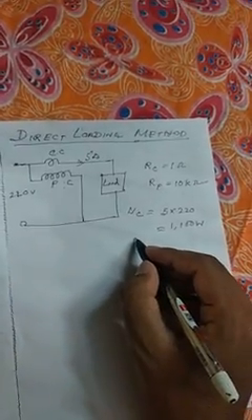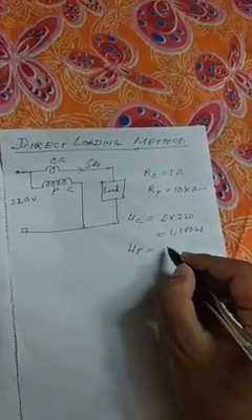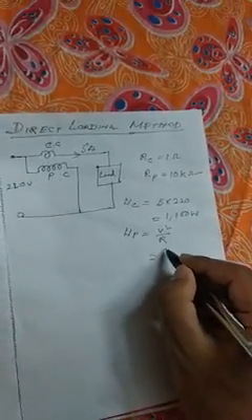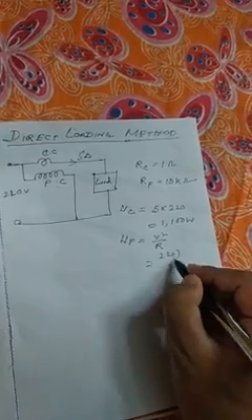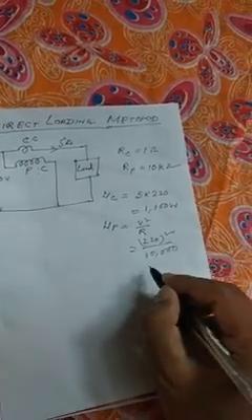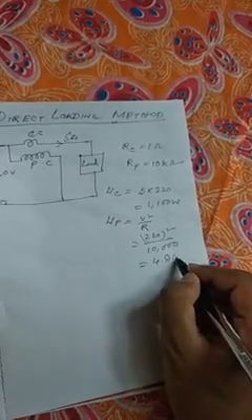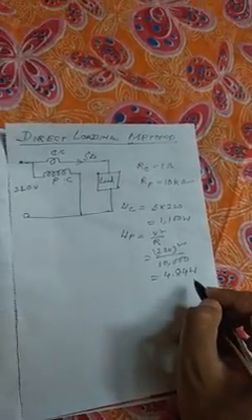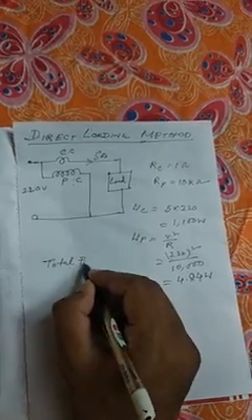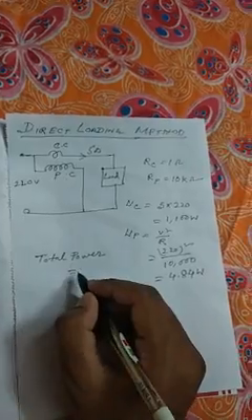Now, the power consumed by the pressure coil will be equal to V square by R, where V is 220 volt, squared, divided by 10 kilo ohm. That is 4.84 watt.